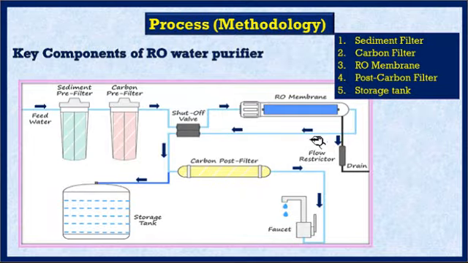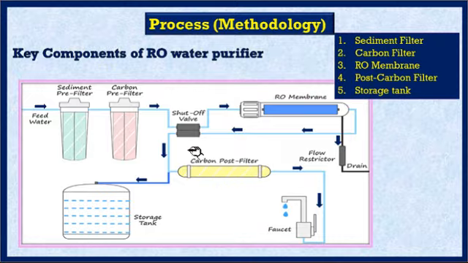Now, after that, the storage tank is there, where all the filtered water is stored. And after the storage tank, or we can say before the faucet, there is another unit known as the carbon post filter. This is set up after the storage tank and just before the faucet.